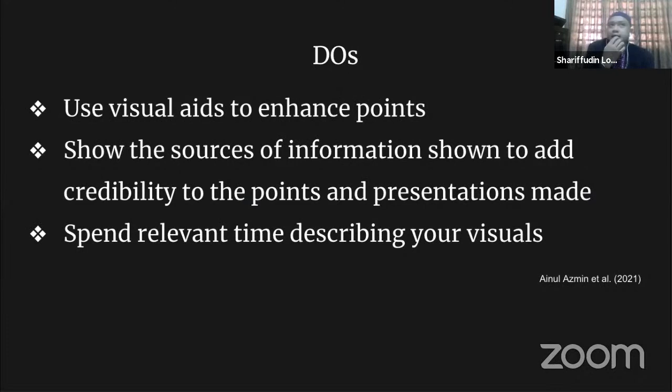Don't let the audience do the work of interpreting what you have shown on the screen. So if you have the time, plan the time, take the time to explain each and every one of the visual aids that you use. It doesn't have to be long.